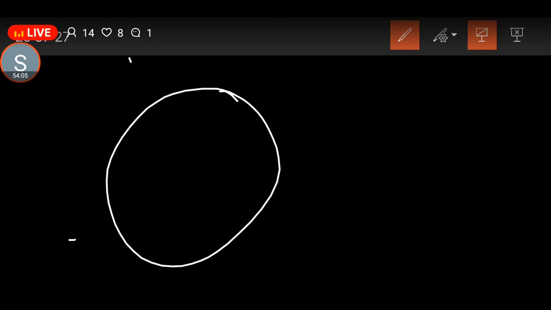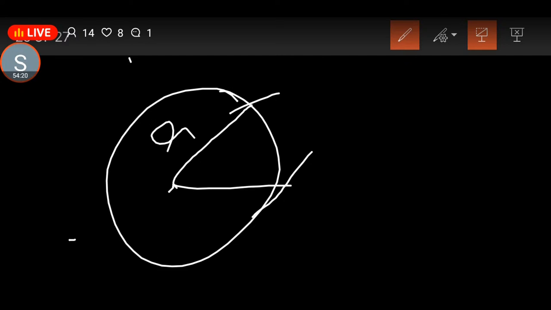I'll explain again. If you take a circle, this is the radius, and keeping the same radius, that is the length of the radius, draw an arc. This will be the arc, right? This is also r, this is also r. What will be the length AB?